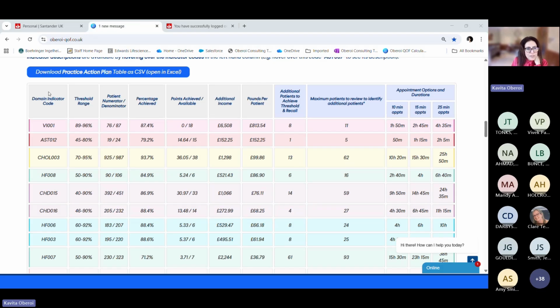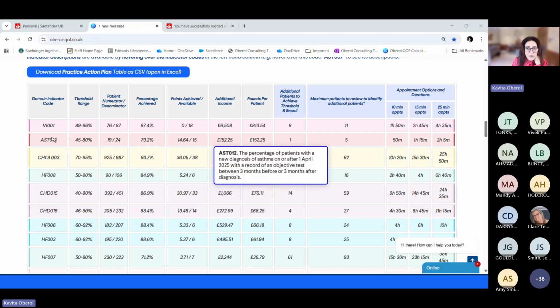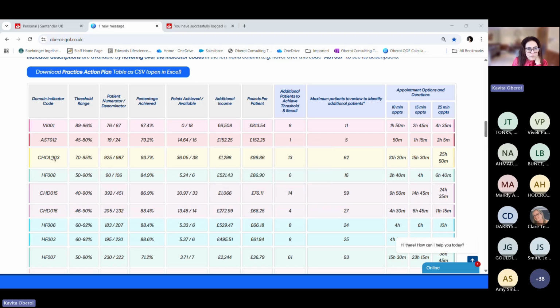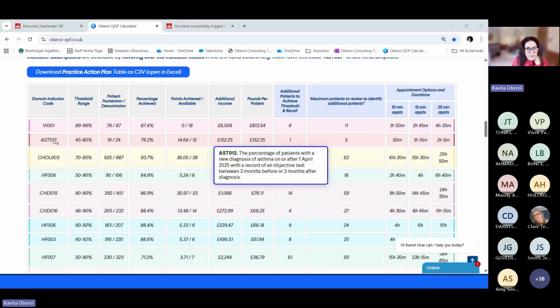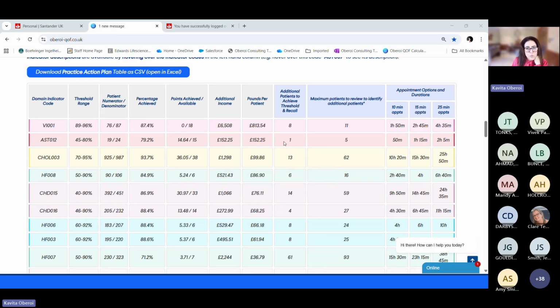So again, as I presented, the high value indicators can really help you to focus on those indicators. And we can see here, this is the new diagnosis of asthma with a record of an objective test. There's just one patient there that needs to have that objective test, and the additional income is £152.